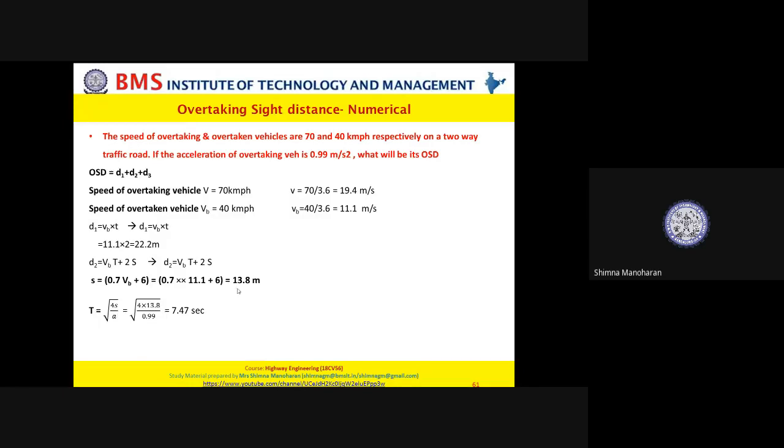So 4 into S you have already computed. I hope you remember how we derived this equation. You had equated the distance traveled during that B plus 2S to VB into T plus half AT square. So VB into T cancels, and you got this equation T equals root of 4S by A. So you substitute this and you'll be getting the time.